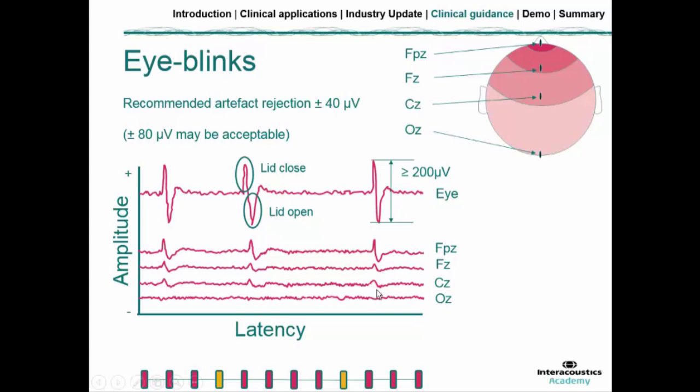For example, if we had the CZ electrode as we recommended, then you would expect artifacts to contaminate that response, as I'm showing here with the pointer. So in order to get around this, we'd recommend relatively stringent artifact reject criteria. Sometimes, due to the fact that the patient's sitting up, it may be acceptable to relax the artifact rejection levels somewhat.